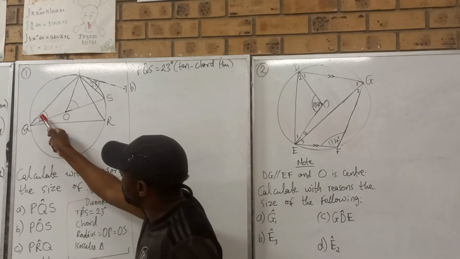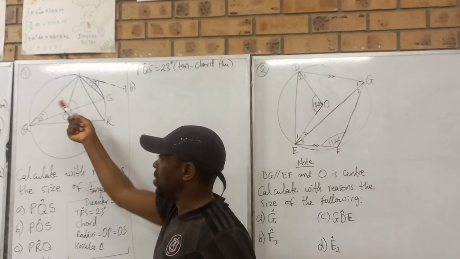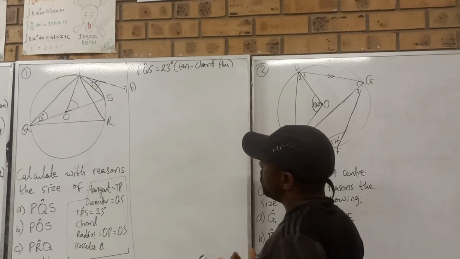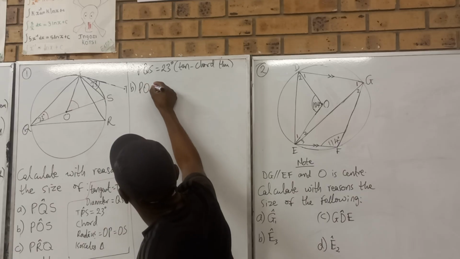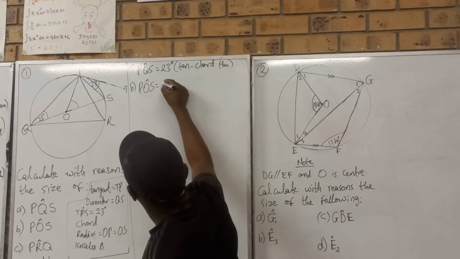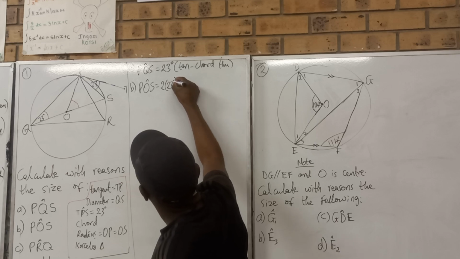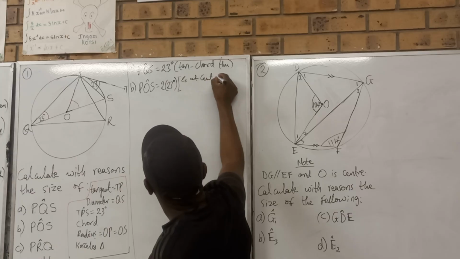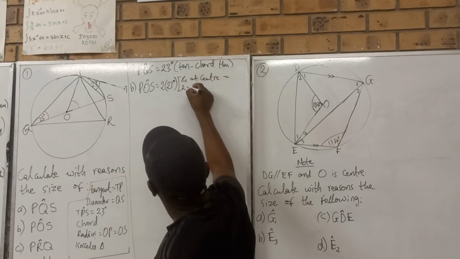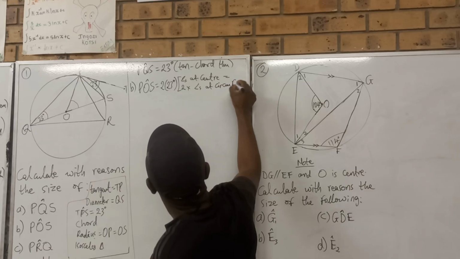So you see that by putting that angle there, it helps us to see the other one. But if you didn't put it, your diagram might become too vague for you to pick out the information. So from here, POS becomes very easy for me. POS is supposed to be 2 times 23, and what is my reason? Angle at the center equals 2 times angle at the circumference.